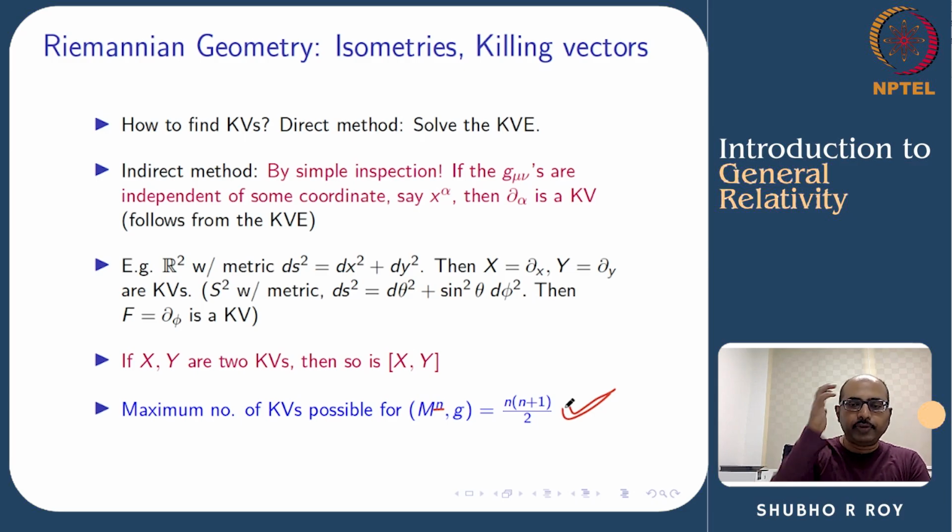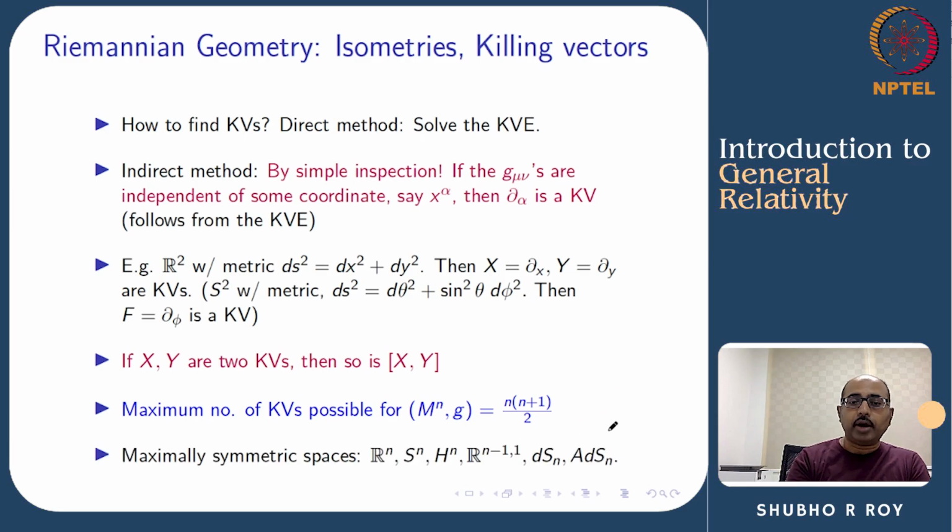And I'll cite a few examples. Any serious student of general relativity should be familiar with the common maximally symmetric spacetimes. If you have a purely Riemannian manifold, that is no time, only spatial directions, then the maximally symmetric spaces are only of 3 types: the Euclidean n-dimensional space, the n-dimensional sphere Sn, and Hn, the n-dimensional hyperbolic space, which is the negative curvature space.